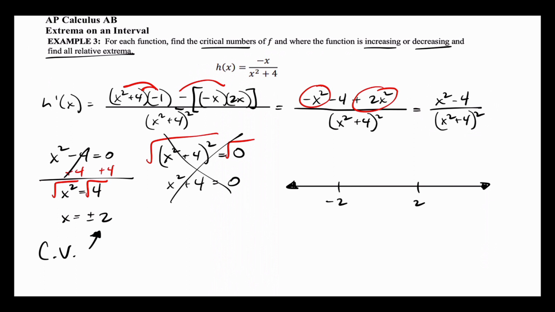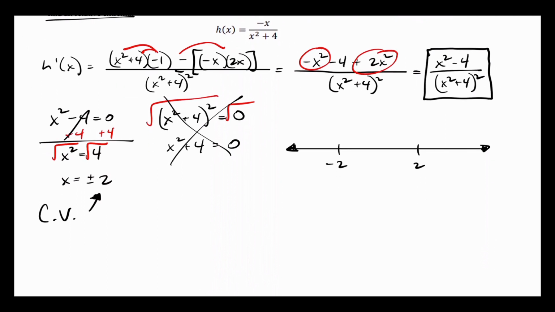So plug in a number to the derivative. The derivative is up here. Plug in a number to the derivative less than negative 2. Plug in a number between negative 2 and 2. Plug in a number bigger than 2. What kind of number do you get, positive or negative?